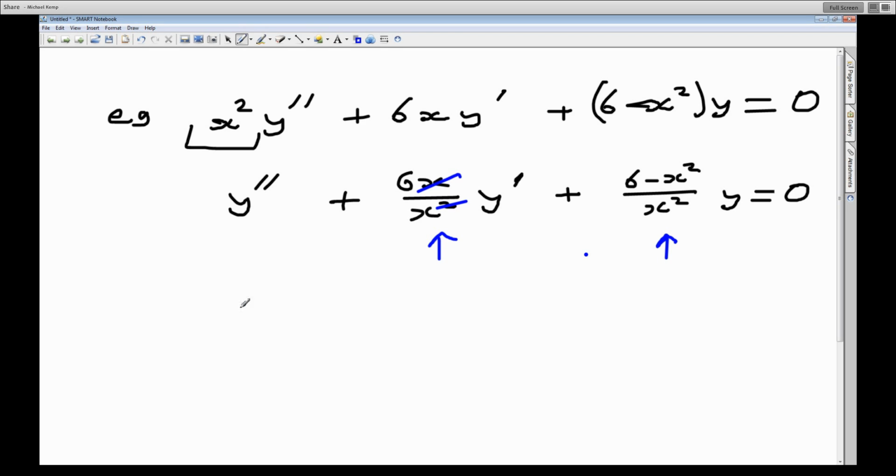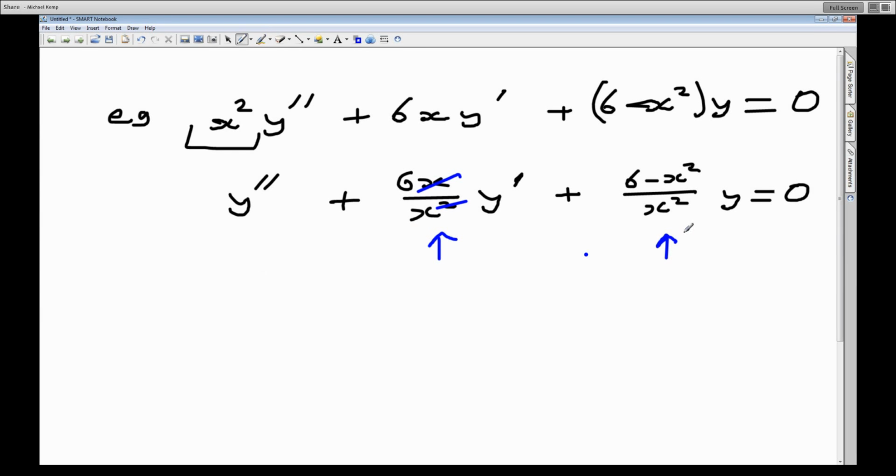So broadly speaking, if the highest power at the bottom after simplification is just a power of 1 or less than that, so if there's no x at all, or it's just x to the 1 at the most, that's called a pole of order 1, or fancy way of saying a pole of at most order 1.